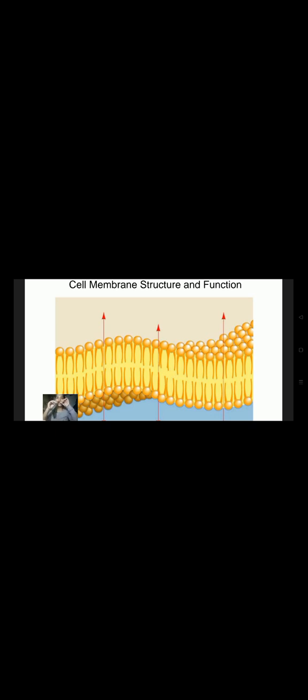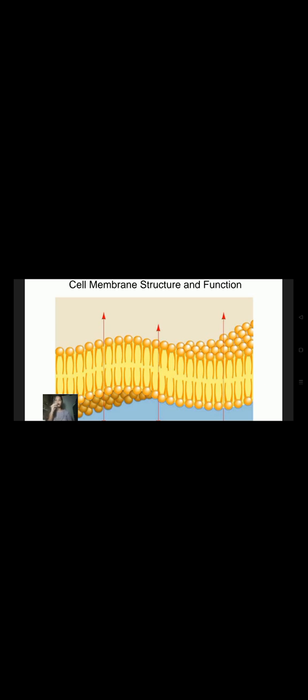Before we dive into discussing the cell membrane, let's think about this first. Every cell in our body has its own protective barrier, and this barrier is called the cell membrane. It is like the gatekeeper of the cell. It decides what goes in and out, helps the cell communicate with its surroundings, and keeps everything inside safe.